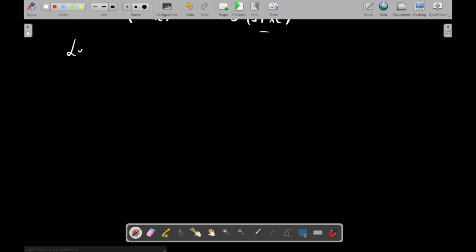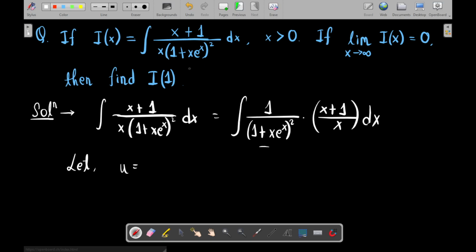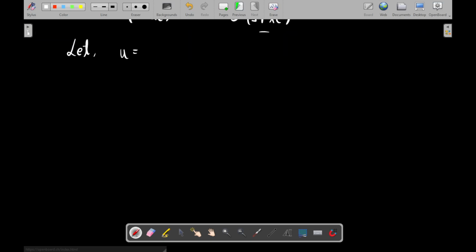So let us take u is equal to this entire term inside the bracket. Okay, 1 plus x e to the power x, so we get u equal to 1 plus x e to the power x. So from here, if we take 1 to the left hand side, we get u minus 1 is equal to x e to the power x, right?